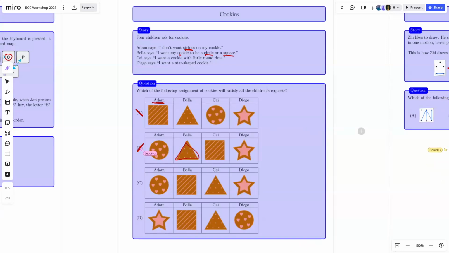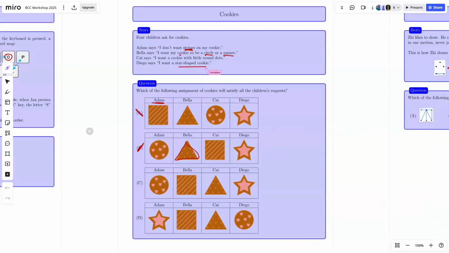And then we move on to the third statement. Kai wants a cookie with little round dots. In choices C and D, we can see they both have circular dots. So this statement doesn't really tell us anything more. But then finally, if we look at the last statement, Diego wants a star-shaped cookie.